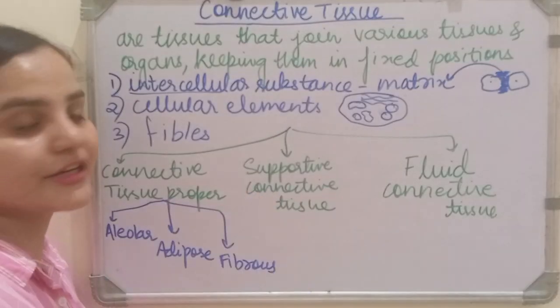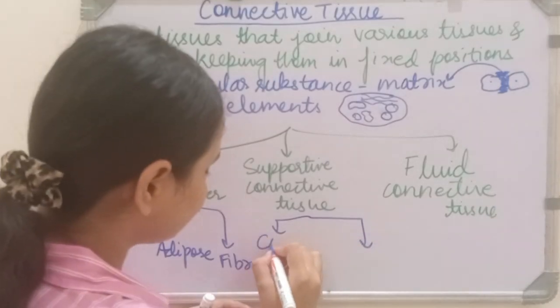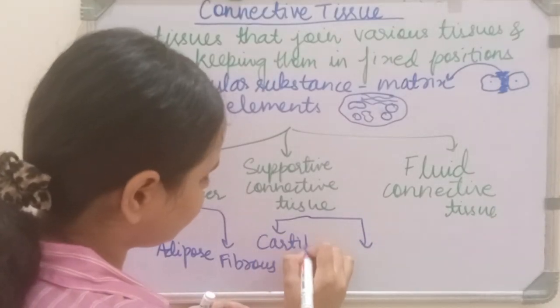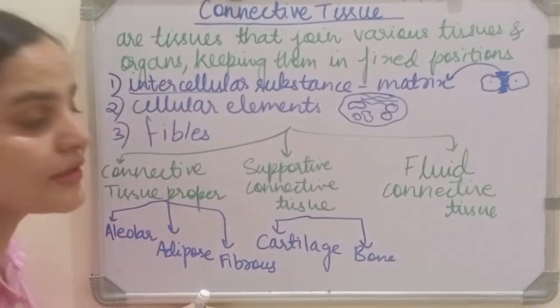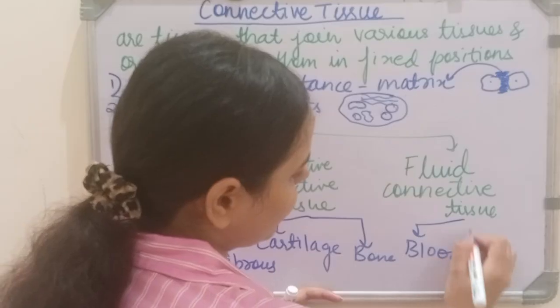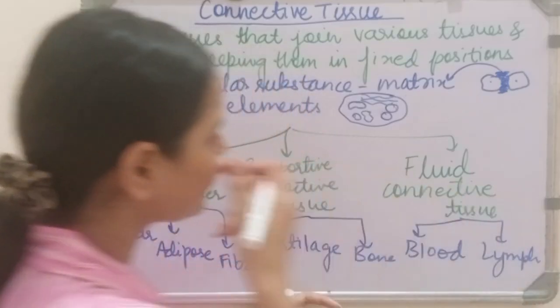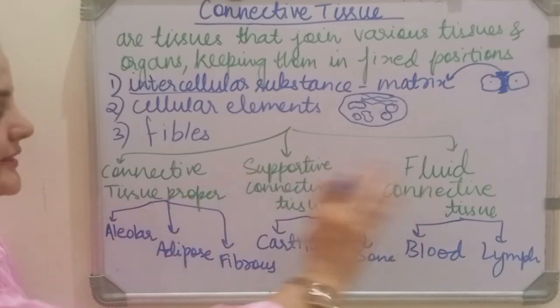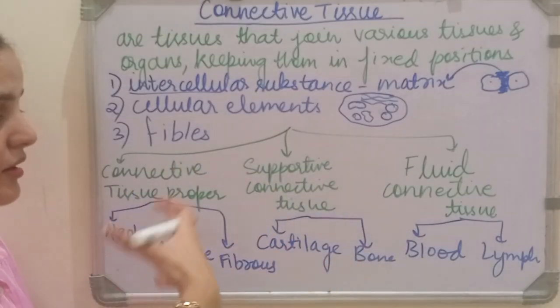In supportive connective tissue, we are going to study cartilage and bone. And in fluid connective tissue, we will study blood and lymph. So let's study these three categories in detail, their function and their location.